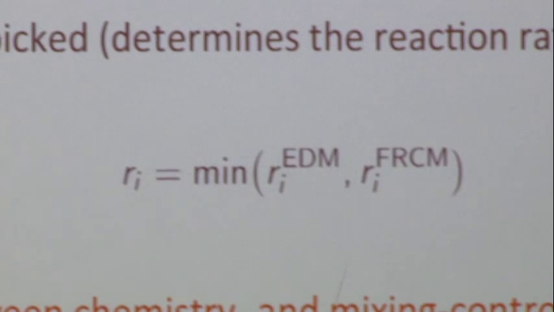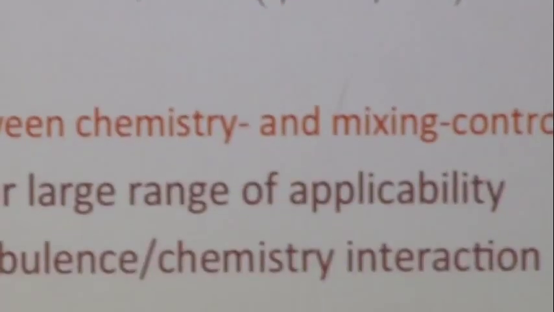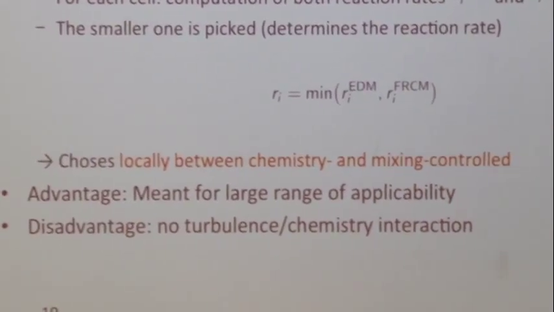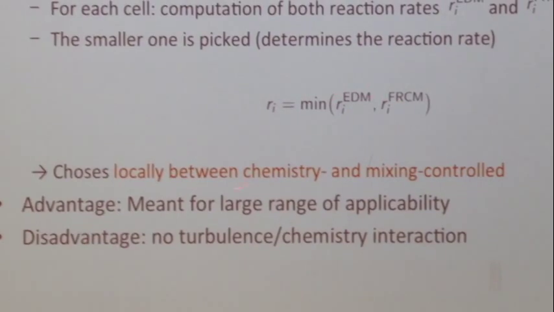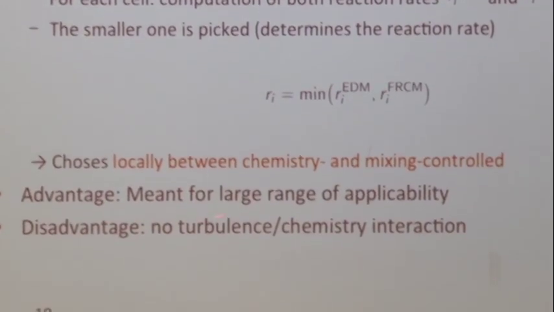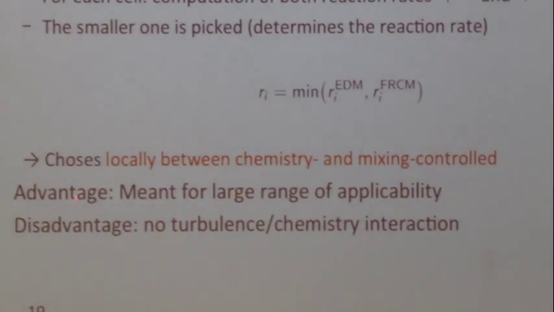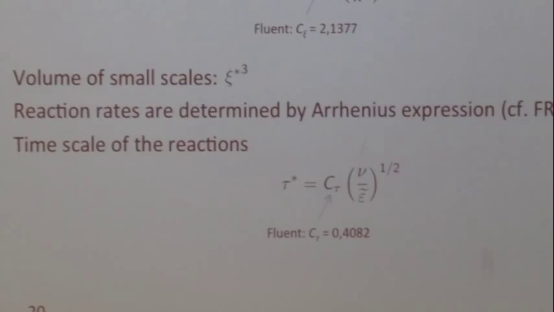Okay, it's a little empirical, but in these two limits, where the chemistry is really infinitely fast or mixing is infinitely fast, the model should be good. So the advantage is that the model is meant for a large range of applicability, and the disadvantage, of course, is that it has no turbulence chemistry. It doesn't really consider turbulence chemistry interaction.